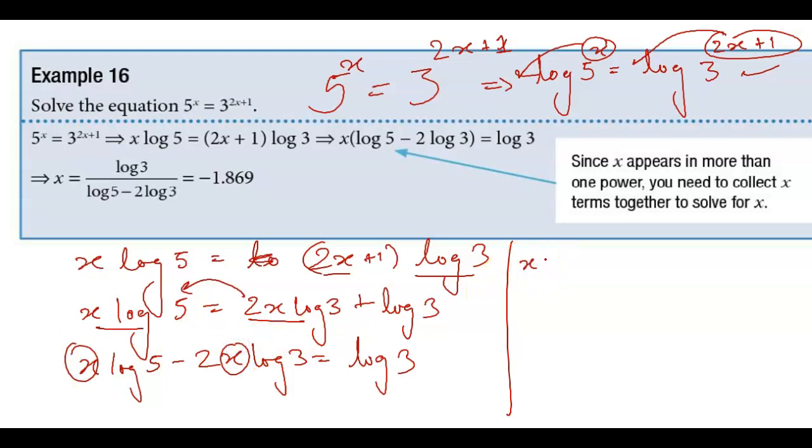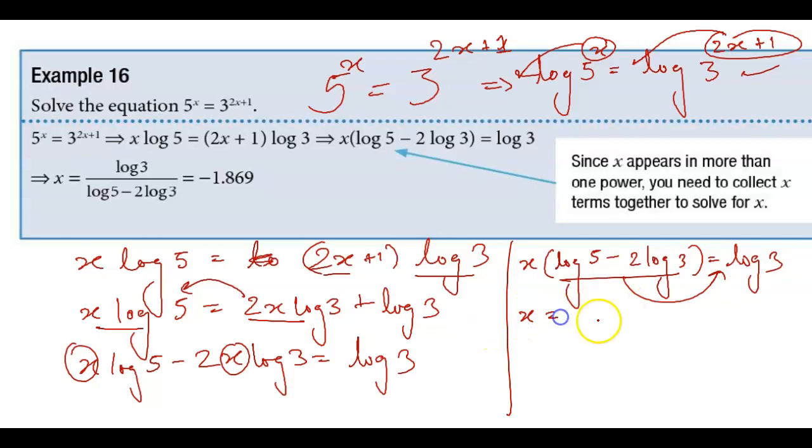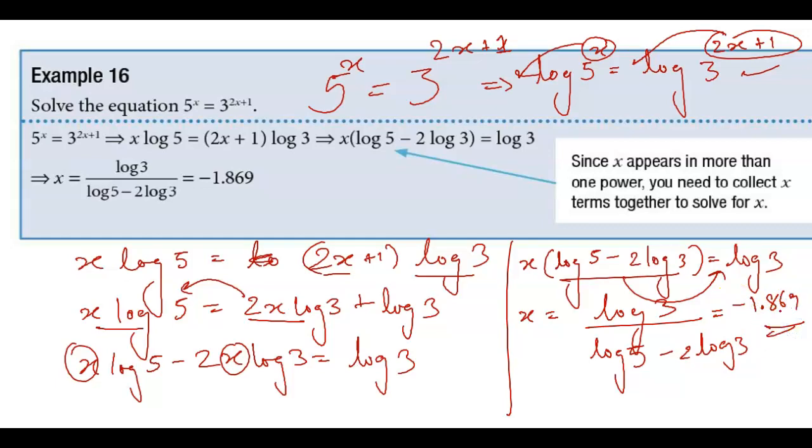So you will be left with x times log 5 minus 2 log 3 equals to log of 3. Take it at the denominator. So you will be having x equals to log 3 upon log 5 minus 2 log 3. Use your calculator and you will get the answer minus 1.869. Okay children, let us move ahead.